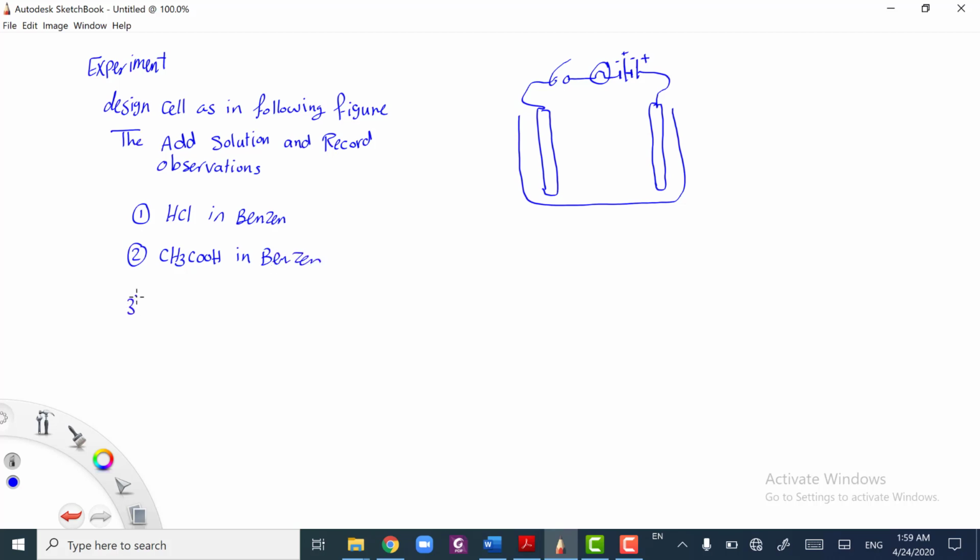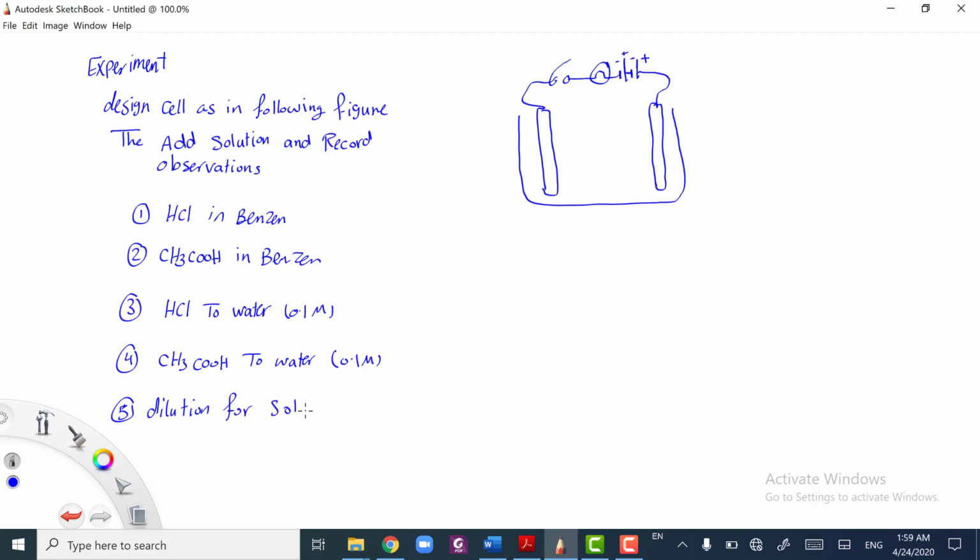Number 3, HCl in water, 0.1 molar concentration. Number 4, CH3COOH in water, 0.1 molar concentration.